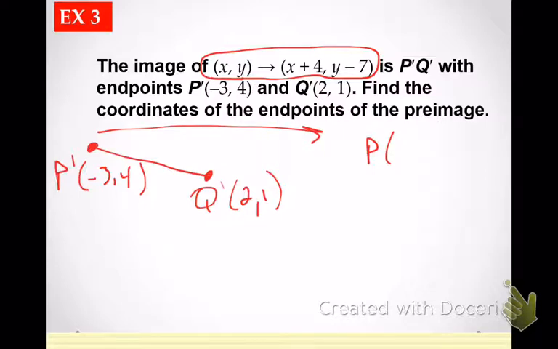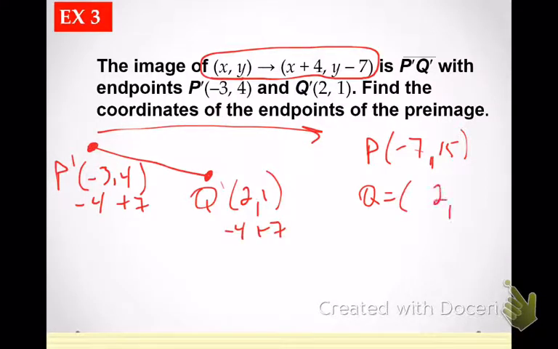So instead of taking the original points and adding 4 and subtracting 7, we're going to do the opposite, which is subtract 4, add 7. So this is going to be -7 comma 15. And then Q is going to be subtract 4, add 7. So it would be -2 comma 8. And that's where the preimage will be located.